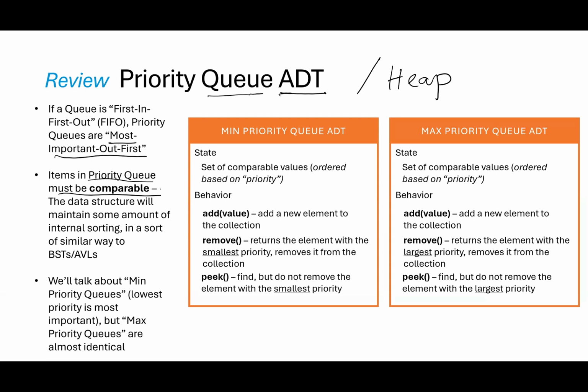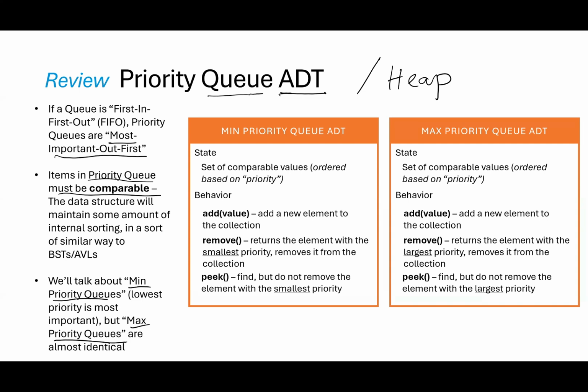So there might be two kinds of priority queues. One is min priority queue and the other is max priority queue. As the name suggests, min priority queue means the minimum priority item is at the top. Max priority queue means the maximum priority item is always at the top.